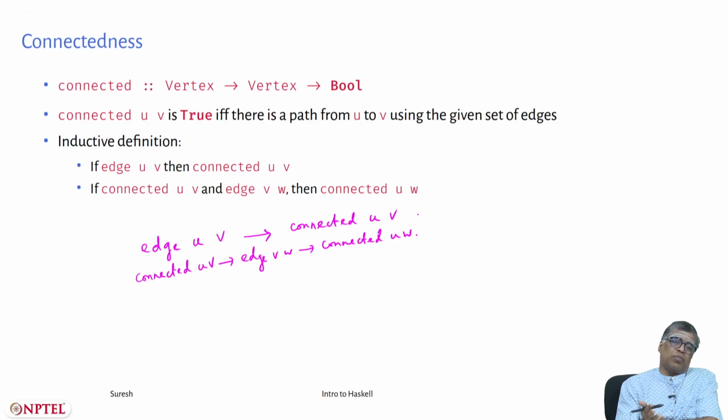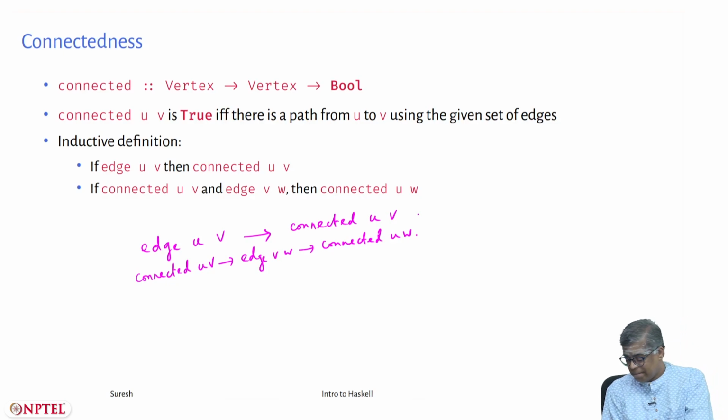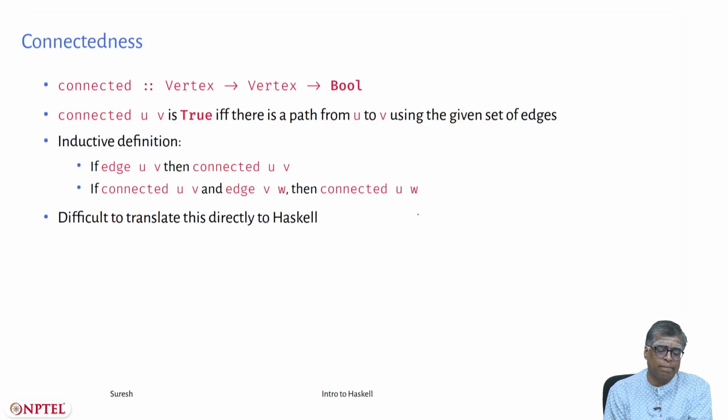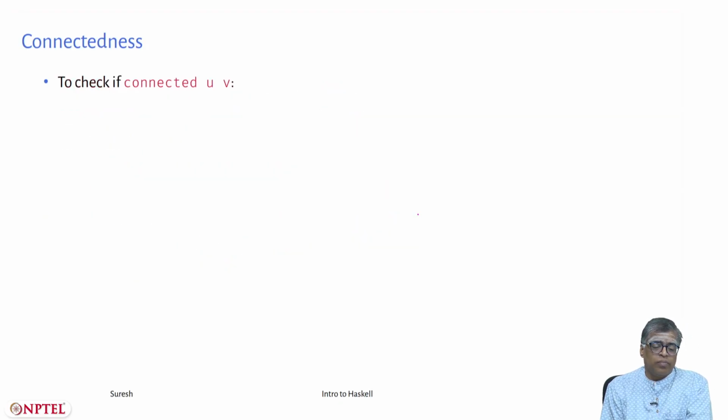Right, but that's some logical statement. This is not a program in Haskell. Okay, so you need to find a way to actually program this in Haskell. Okay, so how do we do this?